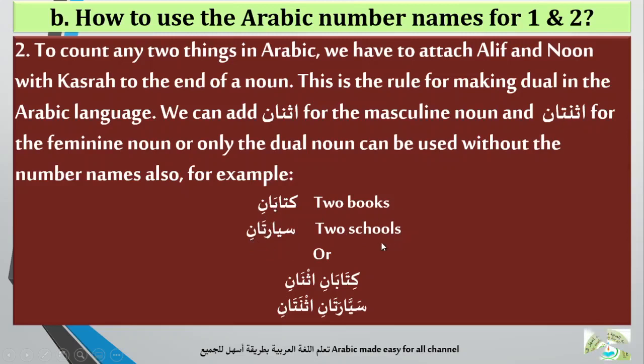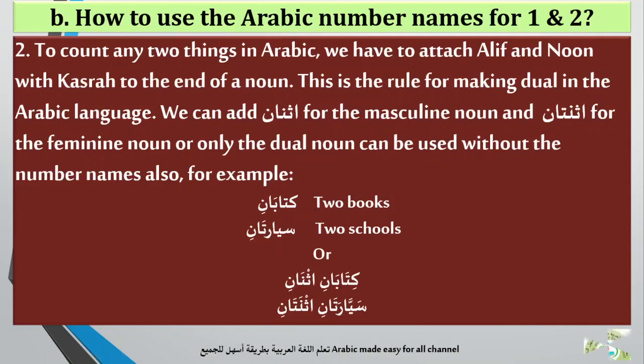And here kitabani ithnani, sayyaratani ithnatani, 2 cars. Without ithnatani or ithnani also we can use it, or we can just say kitabani, sayyaratani, 2 books and 2 cars. So friends, this is how we make the dual in the Arabic language. Let us see the next.